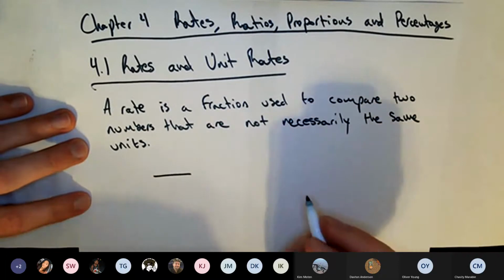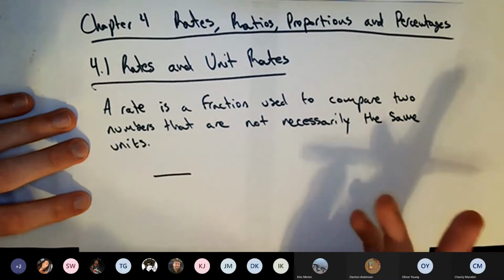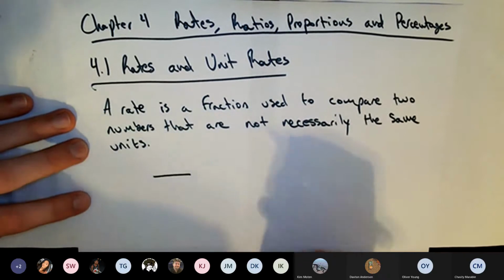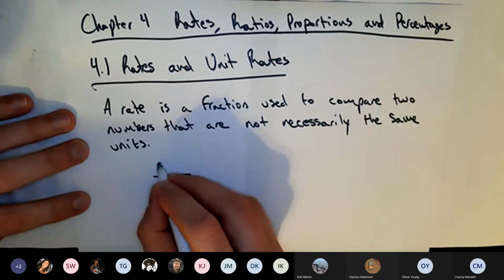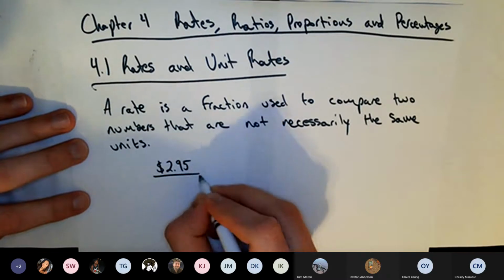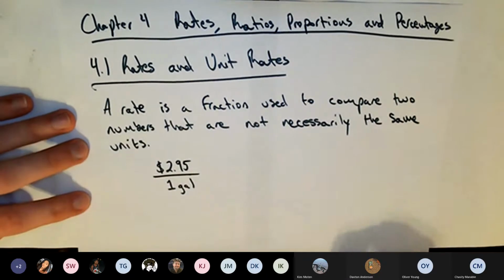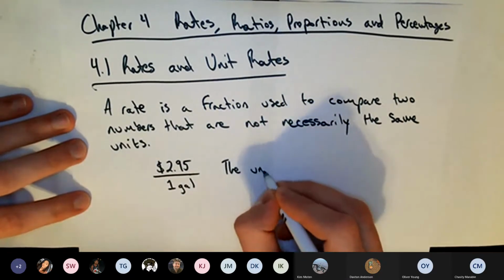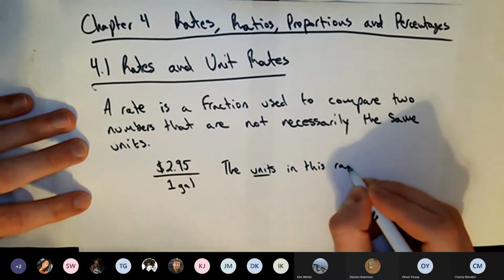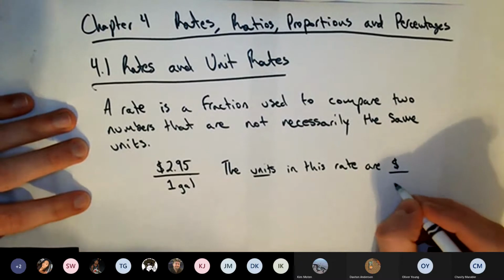So for instance, I could say just some arbitrary rate here. Maybe the cost of gas. The cost of gas is a rate. I'm just going to make something up here: $2.95 per 1 gallon. So the units in this rate are dollars over gallons.